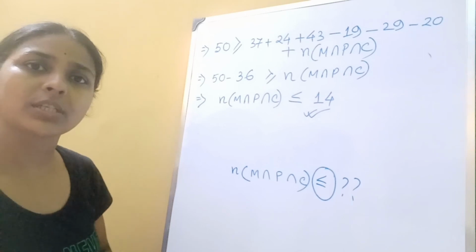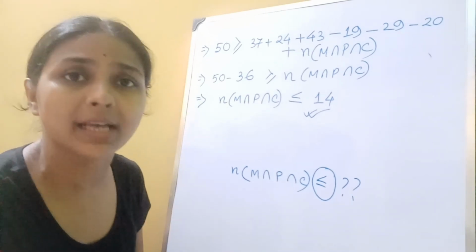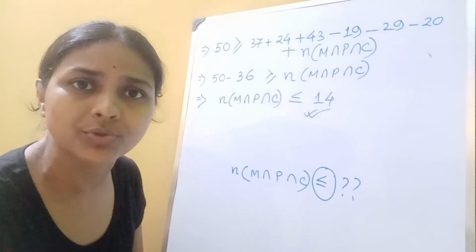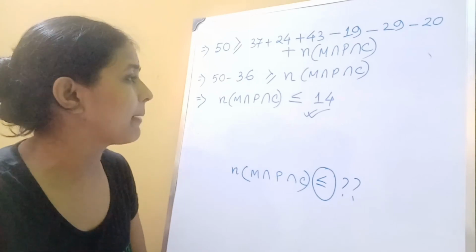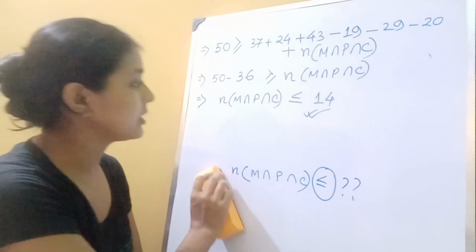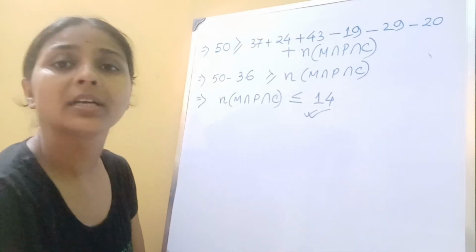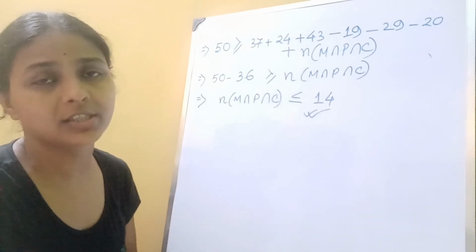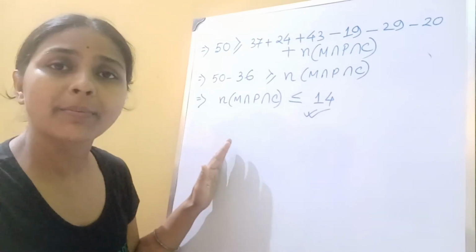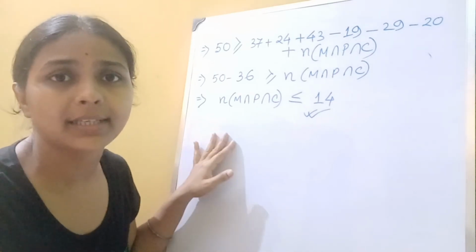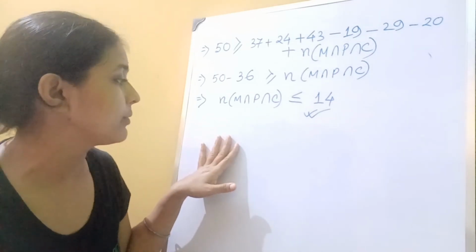This particular question I have chosen from NCERT Exemplar, and this is a very important question. So I hope you all have understood this particular question, and this is all about today's session, students. I hope you have got a clear idea of what I wanted to teach you.